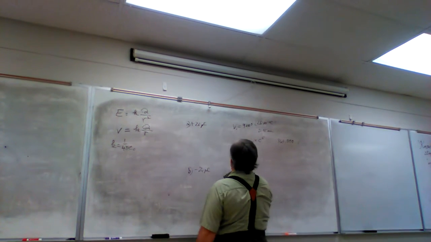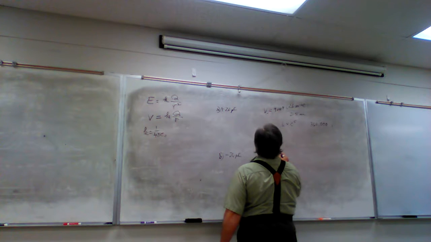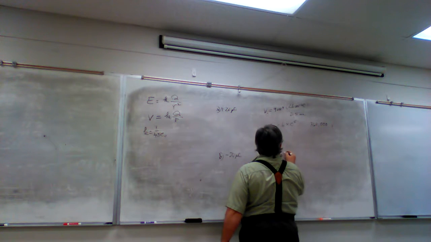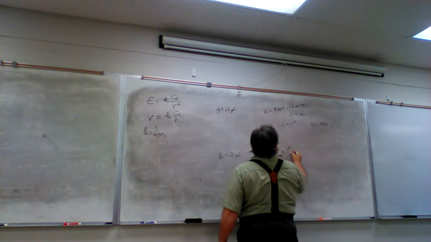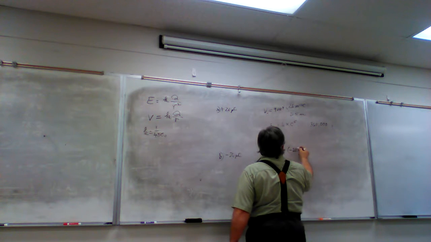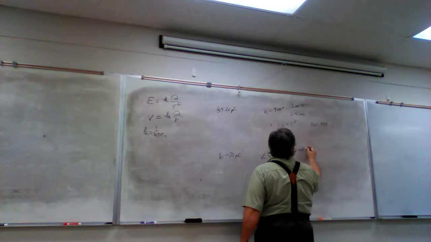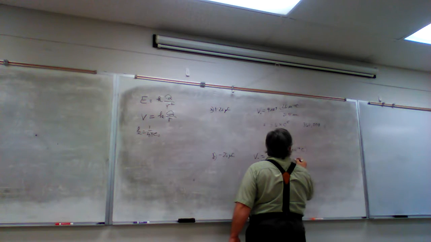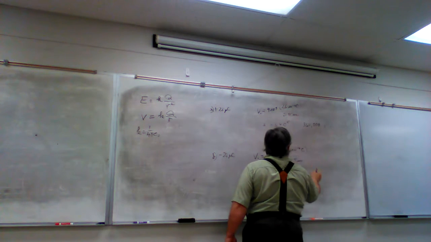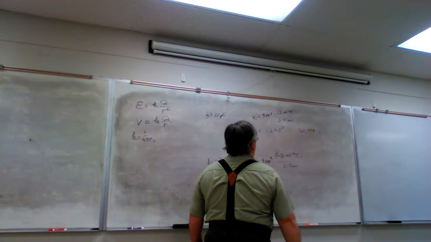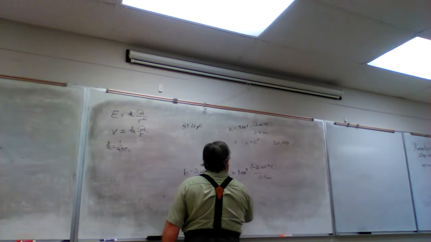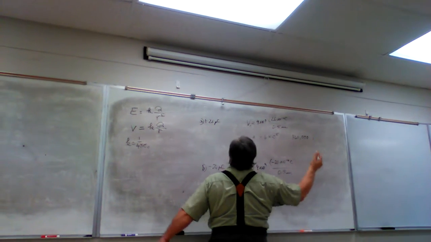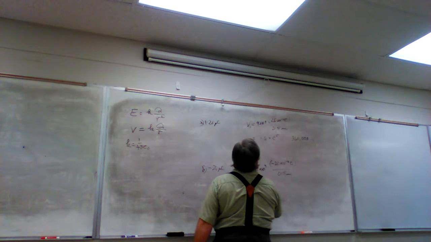All right. V minus is equal to 9 times 10 to the 9 times minus 20 times 10 to the minus 6 coulombs divided by 0.5 meters. There you go. Minus.